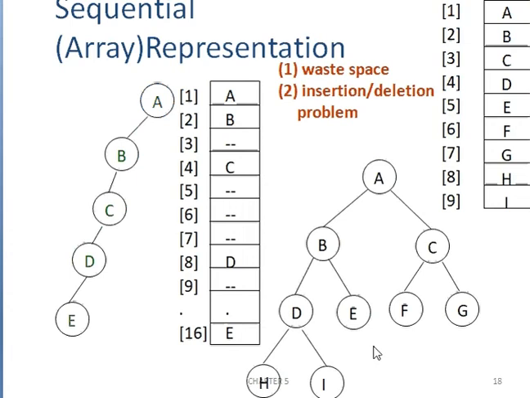So the rule is, in the last level we are not giving more importance. In the fourth level, while filling elements, ensure that the left child is not deleted prior to the right child. So suppose there was one element being the left child of E, I was not having any problem. I would still have called this tree a complete binary tree.